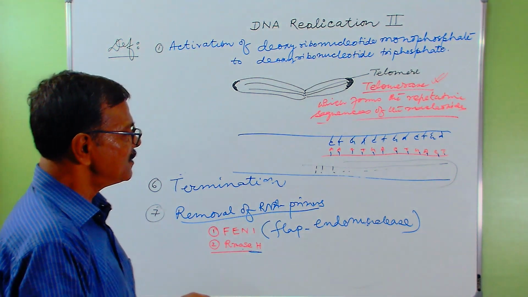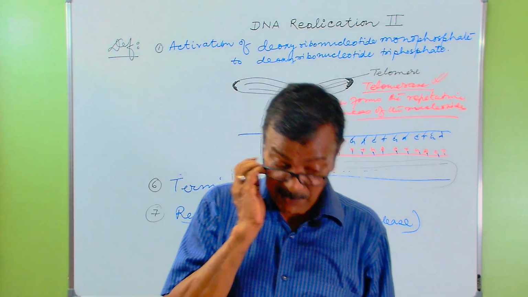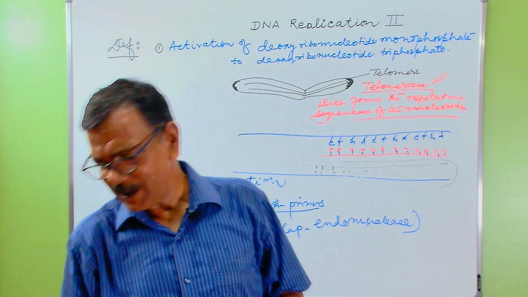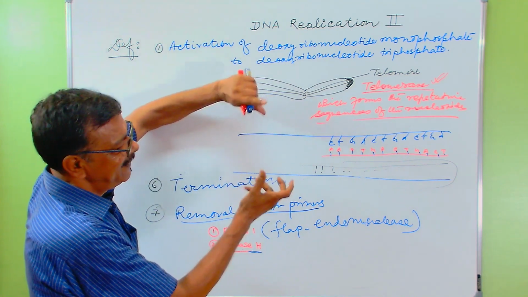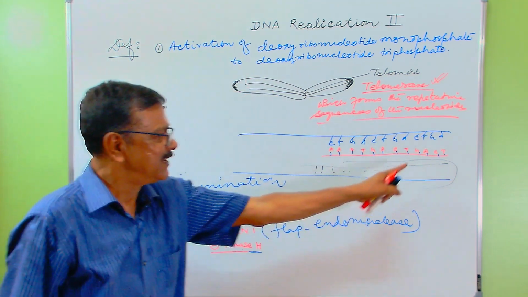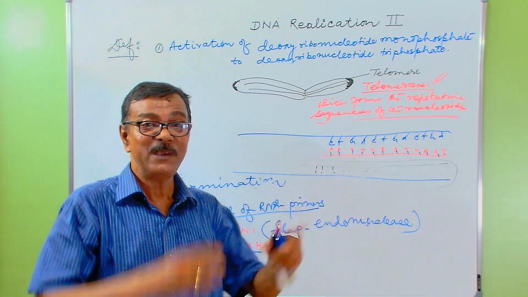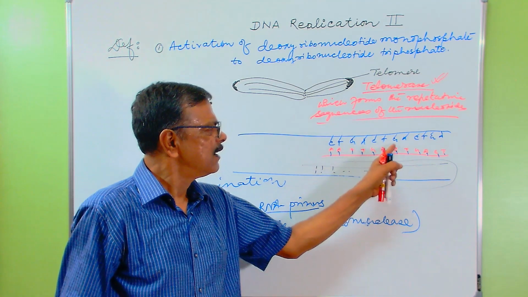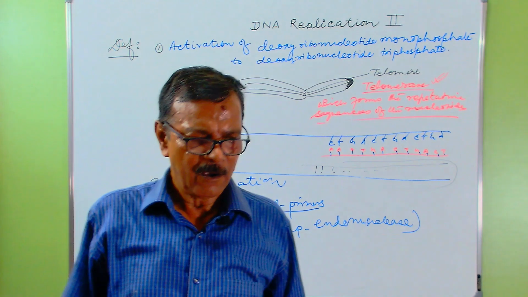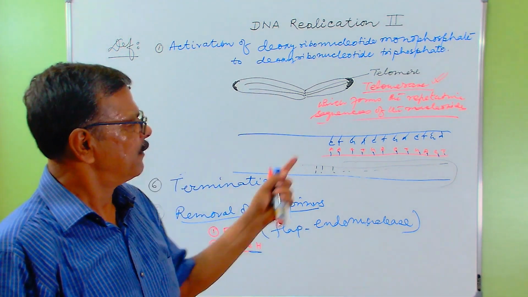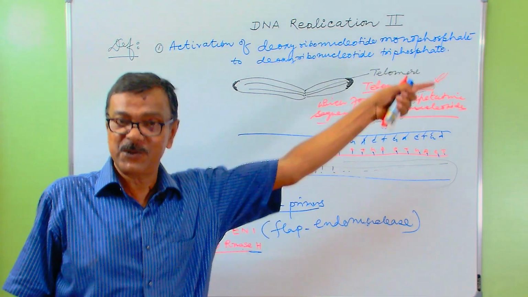How? Because it has to be in the original position. In the original position, it was coiled, like this. Is it coiled now? No. So this has to be recoiled, because once you have taken the order of doing this replication, you have to give it back in the original form.